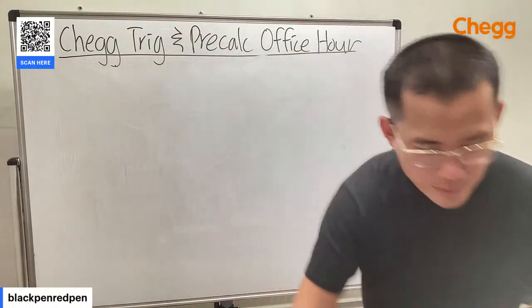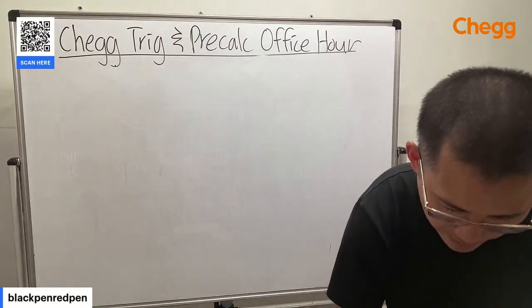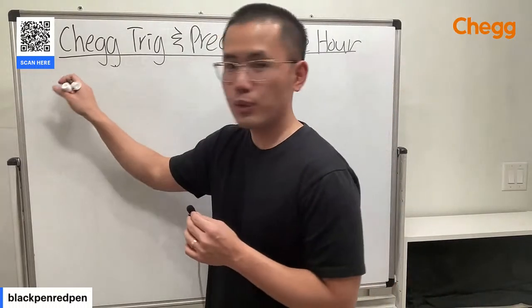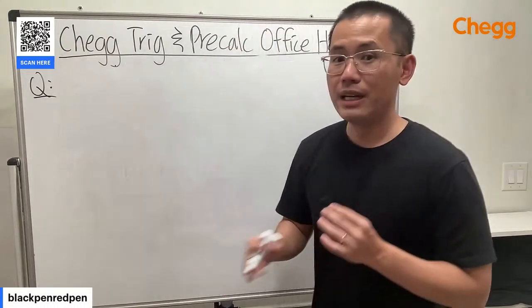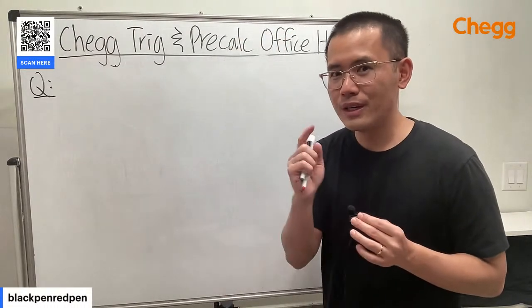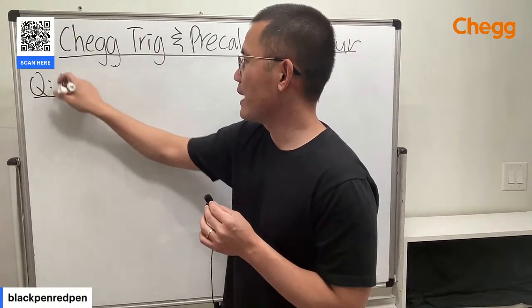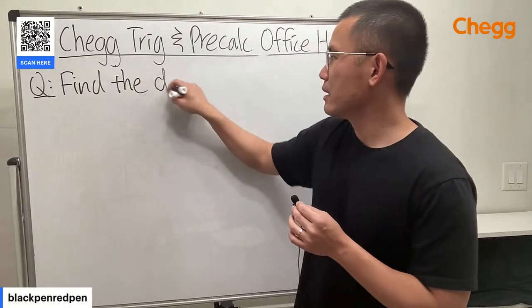So right here, I'm going to actually put down another question on the board for you guys to try. I think this right here is pretty fun. So my second question for you guys, let me write it down right here. It's not a multiple choice question anymore. Try to figure this out. I'm going to ask you guys to find the domain.